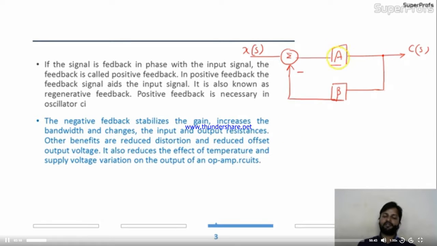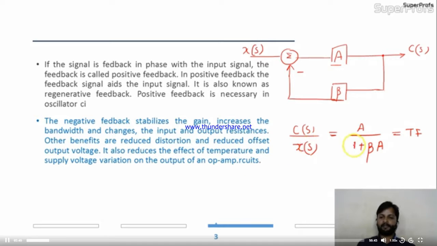If someone asks what the transfer function of this block is, the transfer function is nothing but the Laplace transform of output divided by input, with all initial conditions zero. So it will be A/(1 + beta A), if you remember this from control systems. Is it okay?